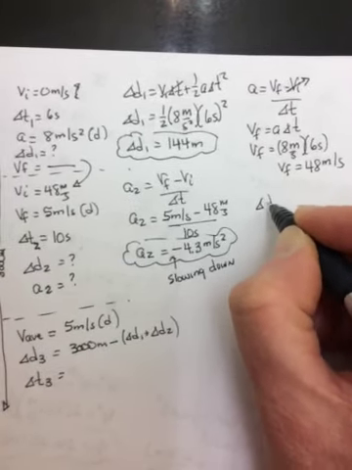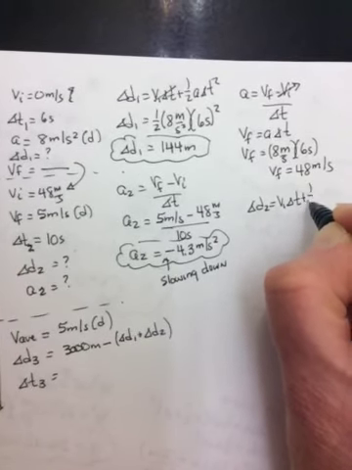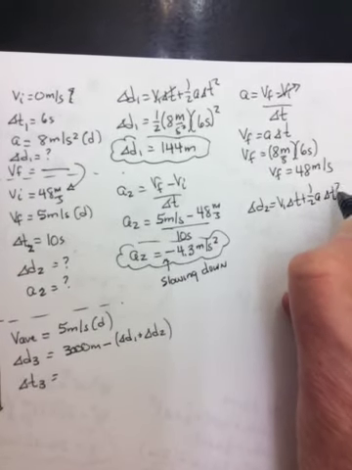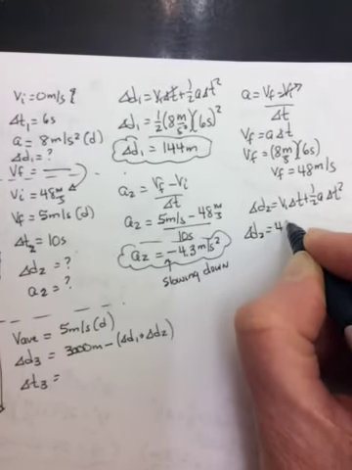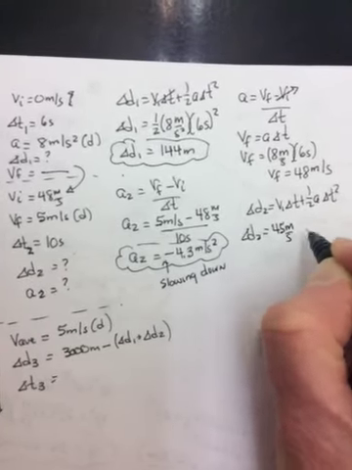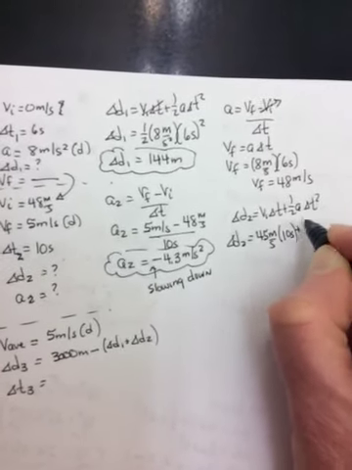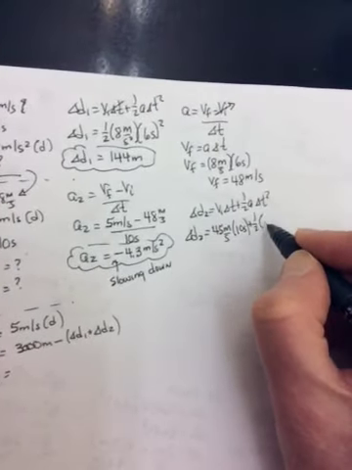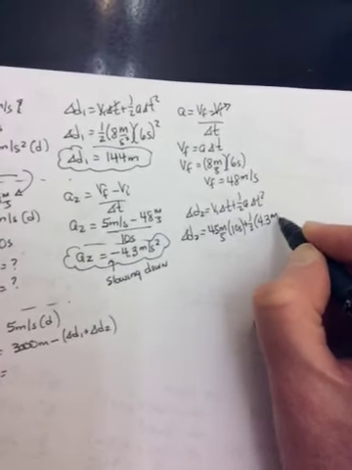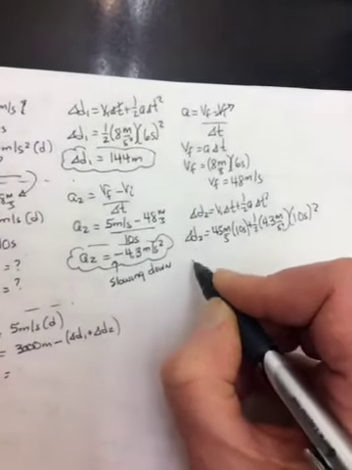So delta D2, I'd probably do VI delta T plus 1/2 A delta T squared. So D2 is equal to 48 meters per second times 10 seconds plus 1/2 times negative 4.3 meters per second squared times 10 seconds squared.